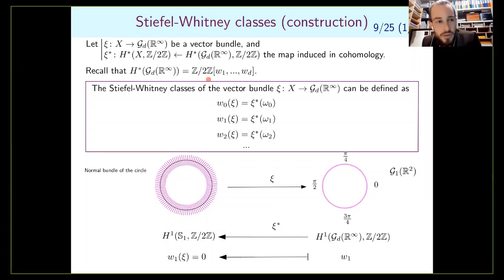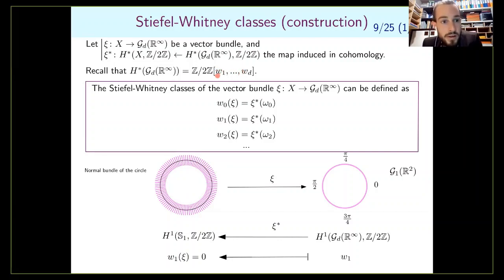Okay, so we have this map, this vector bundle structure. I can consider the map induced in cohomology. I denote it Xi star. And this is a map from the cohomology of the Grassmannian to the cohomology of X, right? Now, recall that the cohomology of the Grassmannian is generated by these classes, W1, ..., WD.